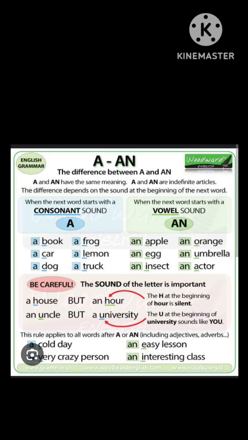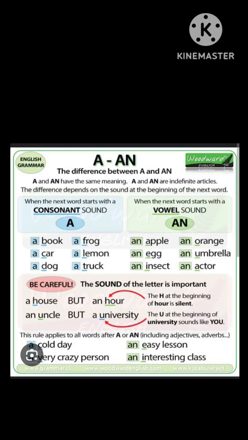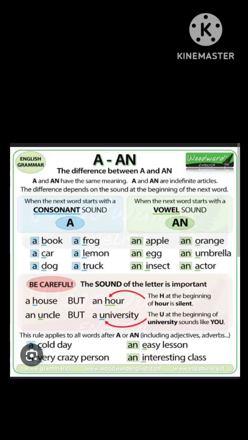Before consonant sounds we use a: a book, a pen, a cat, a boy. With vowel letters having a consonant sound, like u, we use a: a university, a unique, a uniform, a useful. We don't use an, only a.